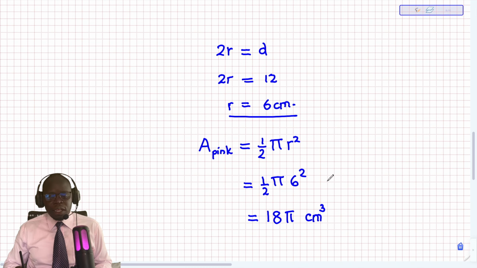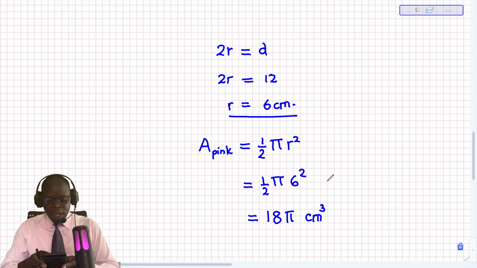Of course, this is the accurate one, but feel free to also get the rounded version by having our 18 multiplied by the value of pi. Let me get pi not in a rounded version, and we have it as 56.55 to 2 decimal places.